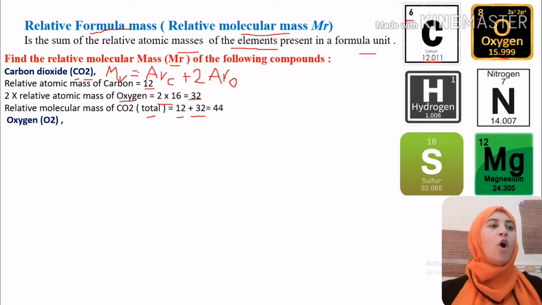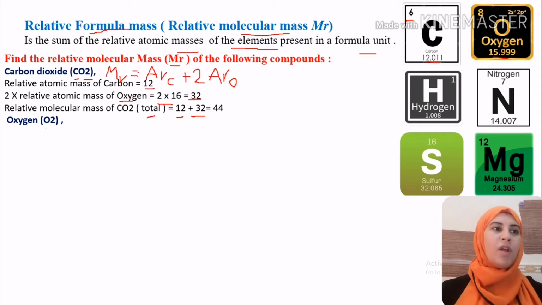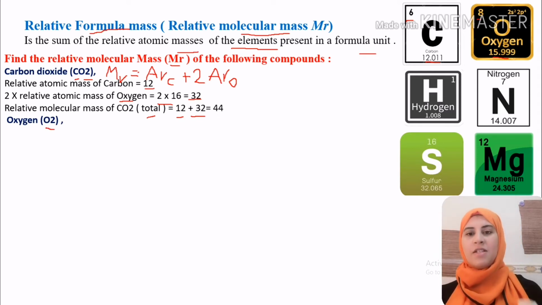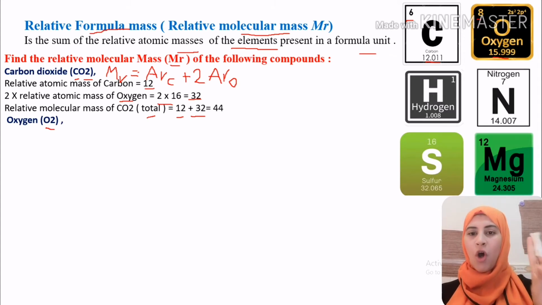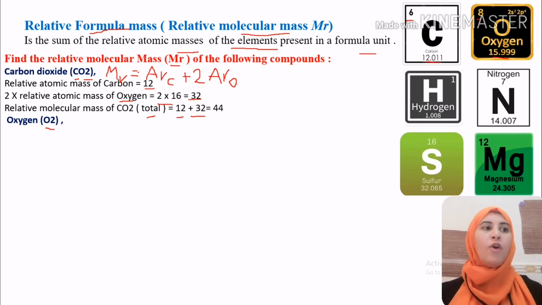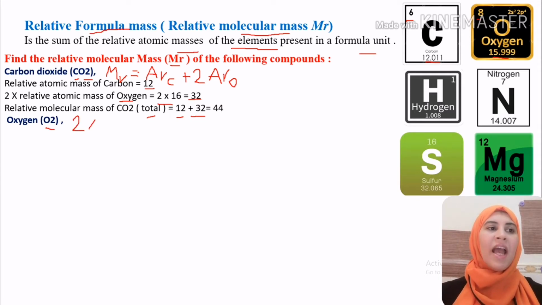Next one, oxygen O2. Oxygen is one of the gases. Oxygen is a diatomic gas, so each molecule must contain 2 atoms of oxygen. We have oxygen O2, so we have 2 times Ar for oxygen.